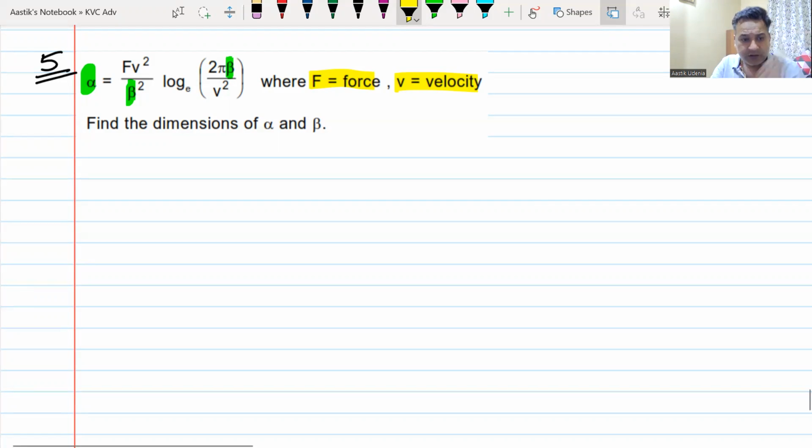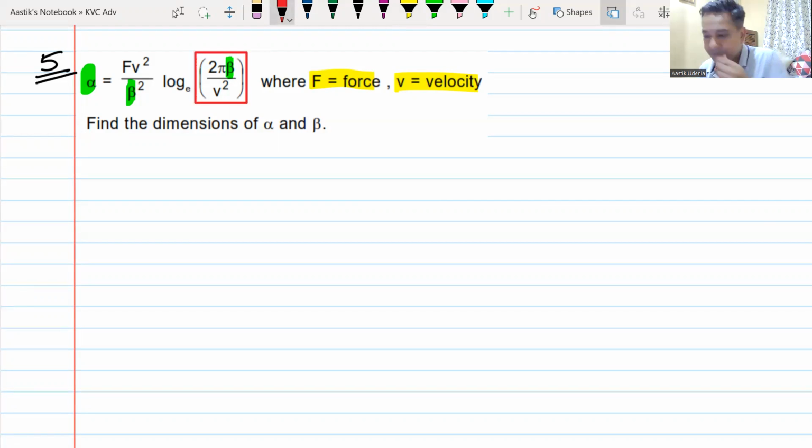Shall I solve it for you? Let us do it. Now, let us look at this red box. This red box is log of something. You can only find log of a number. Yes or no? So this entire quantity is a number.